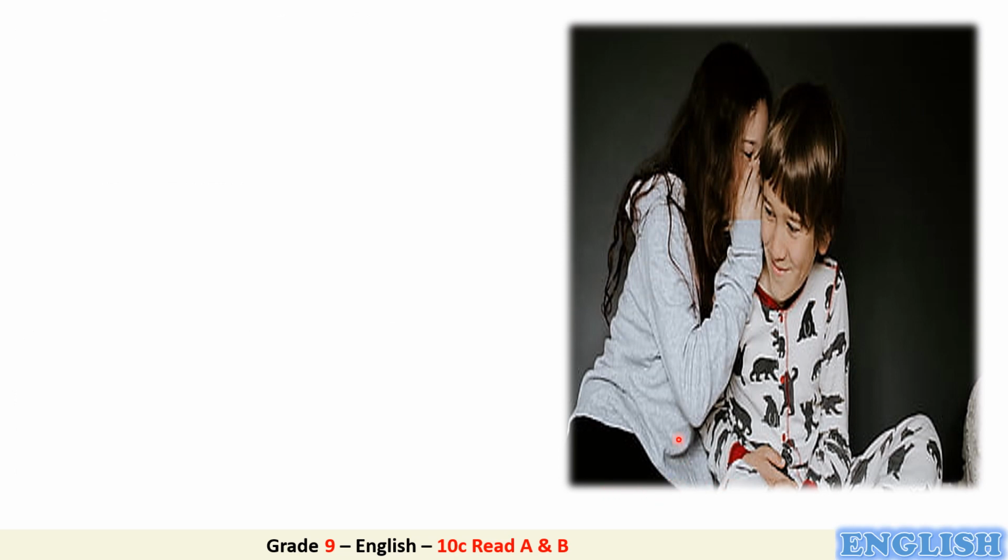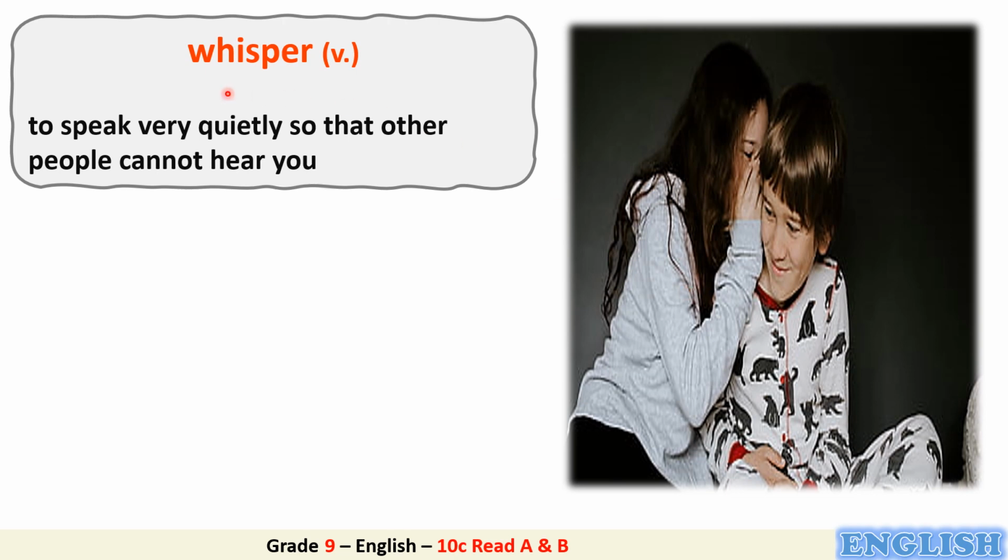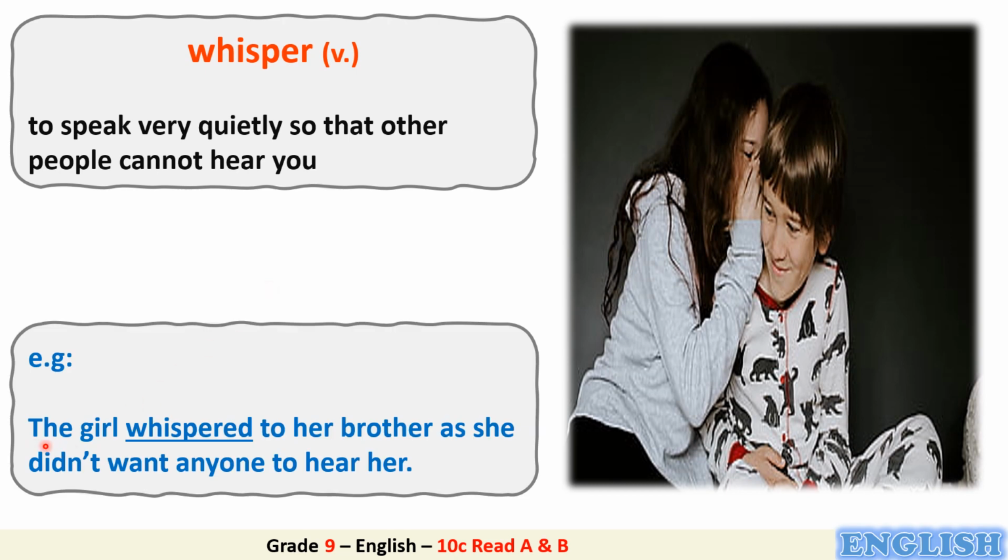Look at this picture. And the next word is whisper. And it is a verb which means to speak very quietly so that other people cannot hear you. Look at the following example. The girl whispered to her brother as she didn't want anyone to hear her.